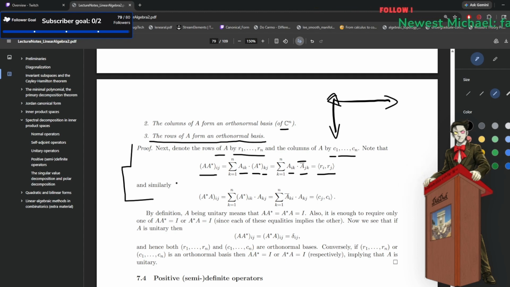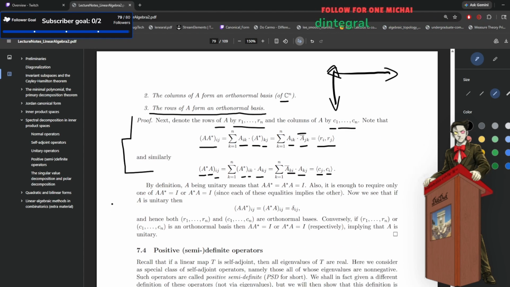Now, similarly, (A*A)ij is equal to (A*)ik times Akj, which is, as you can see, again the transpose conjugate times Akj, which gives you the column Cj and the column Ci, excuse me.